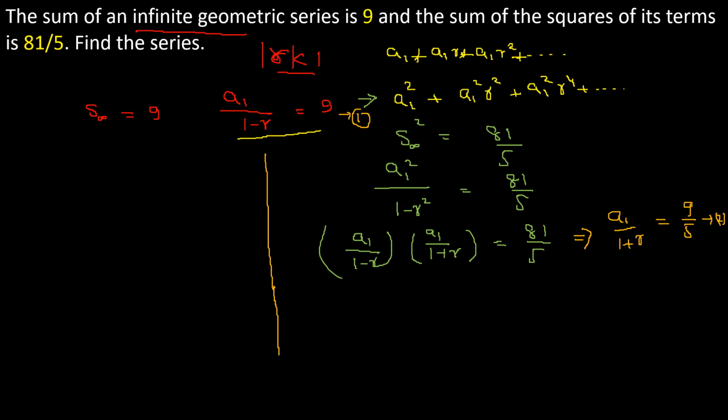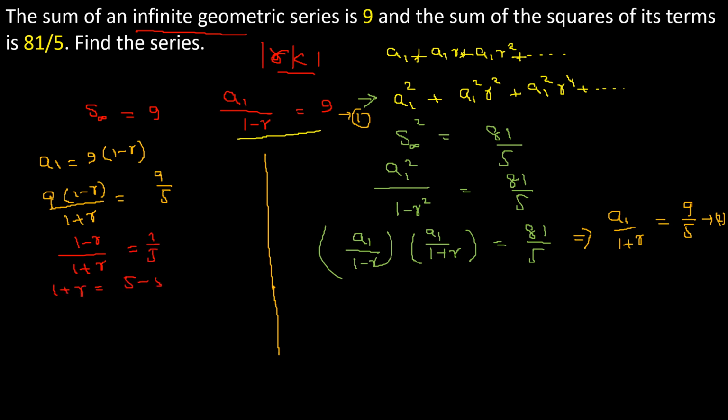From the first one we get a1 equals 9 into 1 minus r, and substituting this into the second, we get 9 into 1 minus r over 1 plus r equals 9 over 5, which makes it 1 minus r over 1 plus r equals 1 over 5, which is 1 plus r equals 5 minus 5r, right? So it makes r equal to 4 over 6, which is less than 1.